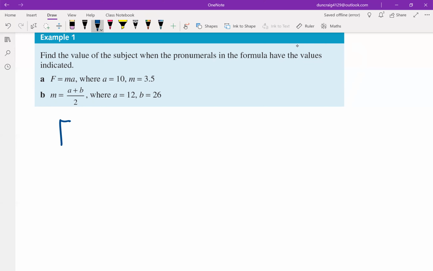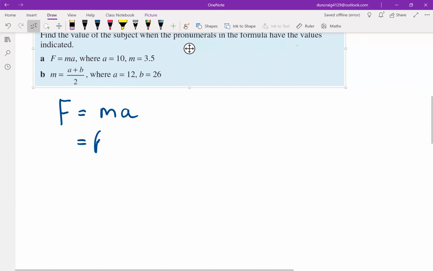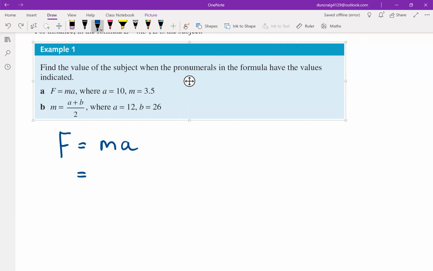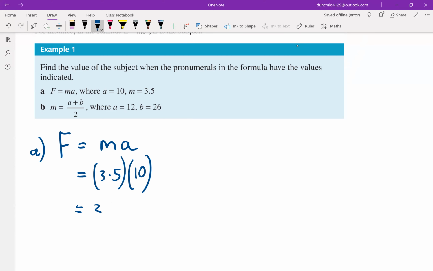Force is equal to ma, so my mass is 3.5 and my acceleration is 10, and then we'll do that calculation. That is equal to 35. All these questions are calculator based, so you don't have to do these mentally. You can use a calculator to help you out. That one was nice and easy.